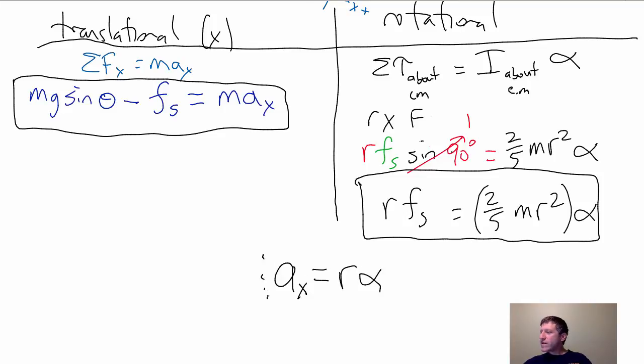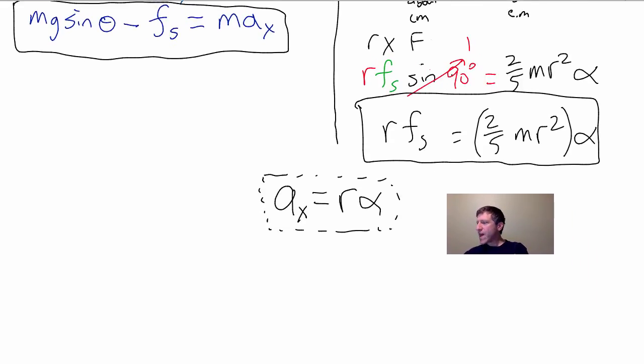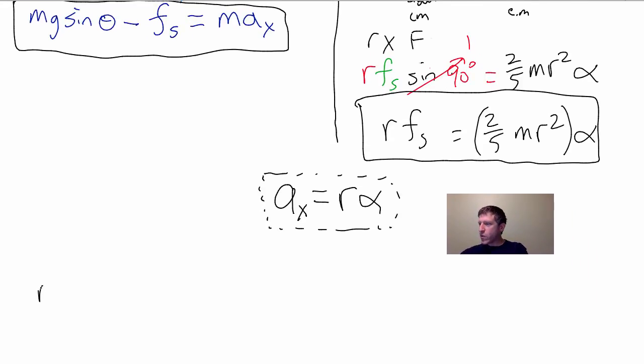So this is going to help us a lot, because this gives us the third equation that we need to solve, because otherwise we've got 3 unknowns. We've got ax is unknown, the force of static friction is unknown, and also alpha is unknown, but this will actually give us 2 equations.